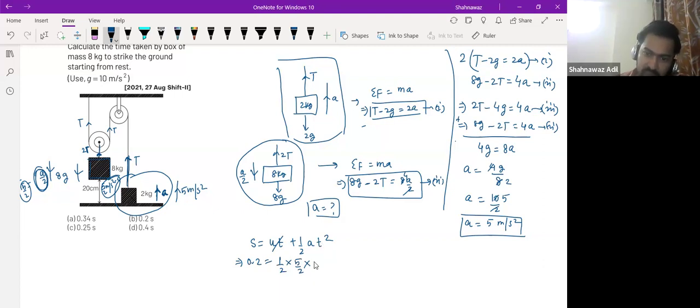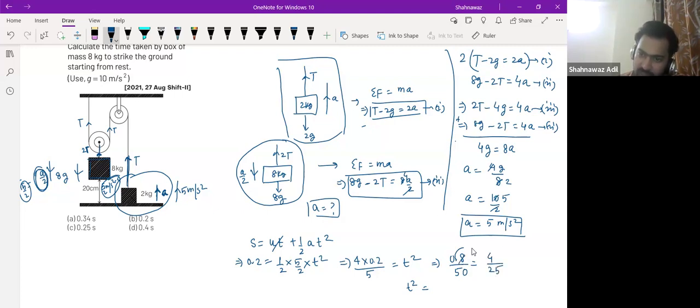So how much is t square we have to find? All these things will go to the other side. So this is 4 into 0.2 divided by 5, and this is t square. So this is 2, and then 0.8 divided by 5, so this is 4 by 25, right?